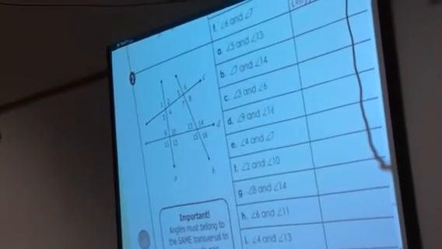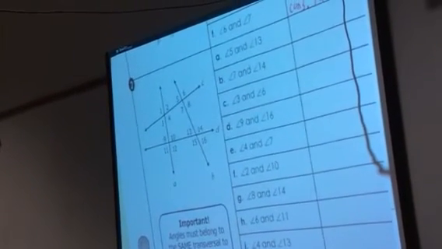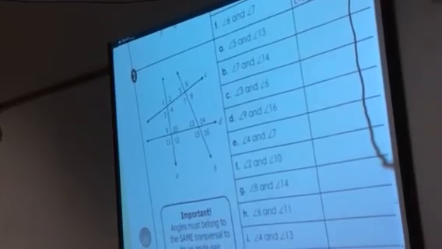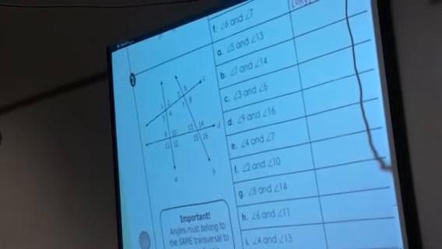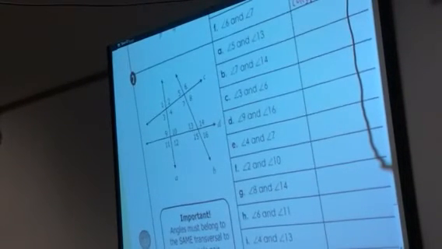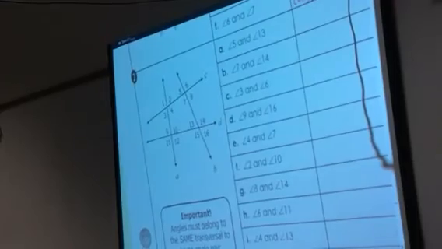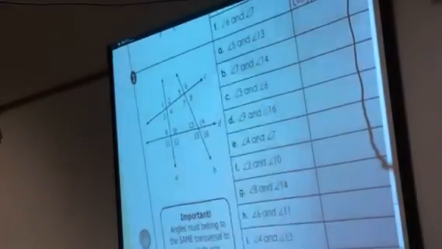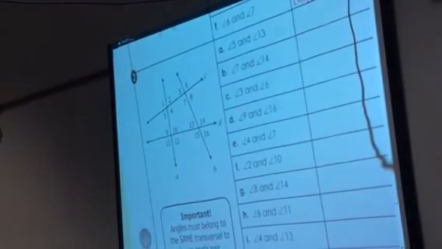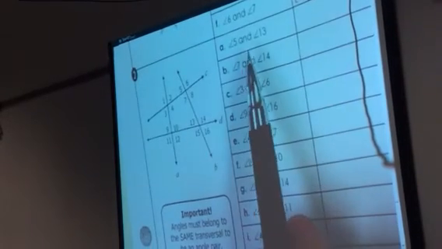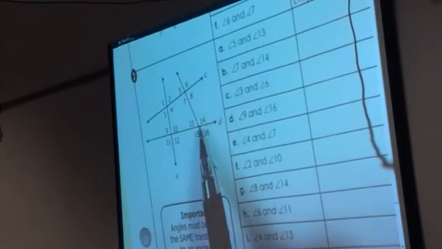And while you're doing these, if you have something to cover up what you're not looking at, that will help a lot. And I'll show you that in just a second. So if I'm talking about angle 5 and angle 13, that's all I need to look at, angle 5 and angle 13. That's coming from these two groups. That's the only two groups I'm worried about right now.